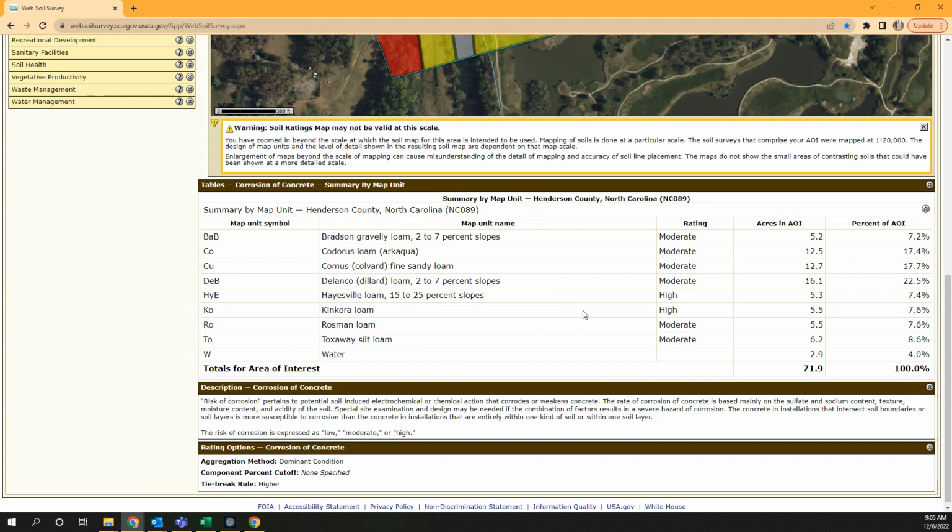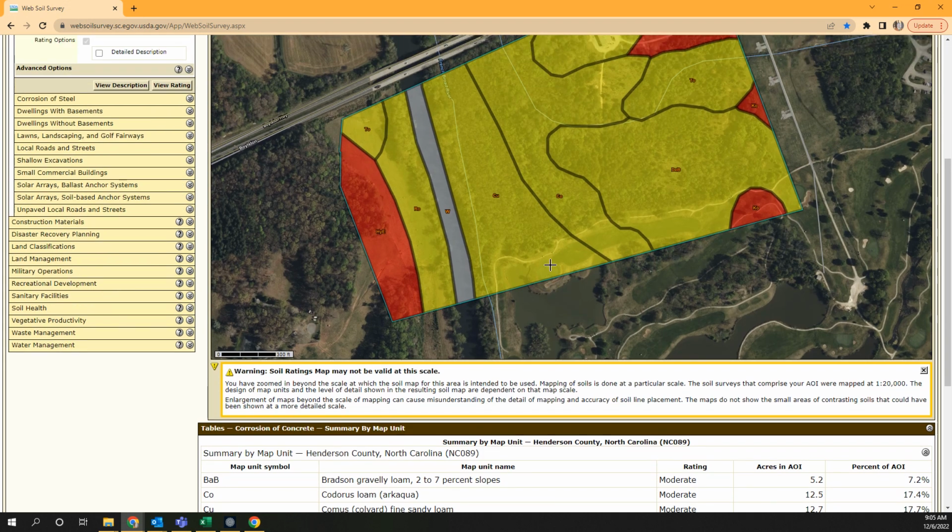So in this case, you're going to see that we do have areas on our site that have a high rating. If I was planning to put concrete in these red areas, I'm going to want to try to plan around that, making sure that we are planning for the fact that this soil is going to erode this concrete faster.